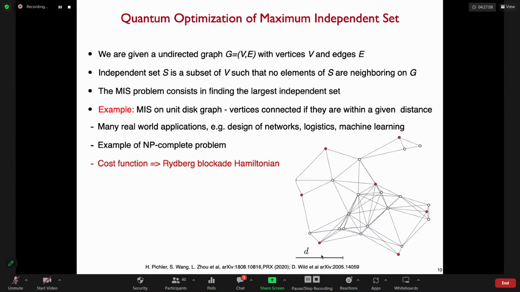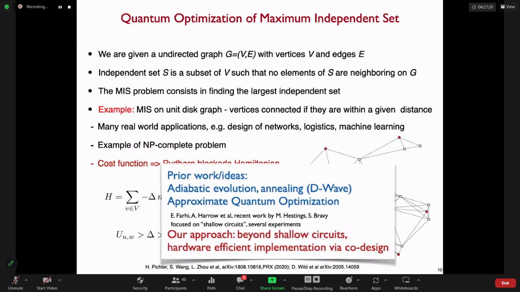So it turns out that this problem is identical to that. And this allows us to very efficiently encode the maximum independent set in our Rydberg machine, and try to explore this kind of quantum optimization in a hardware efficient way.